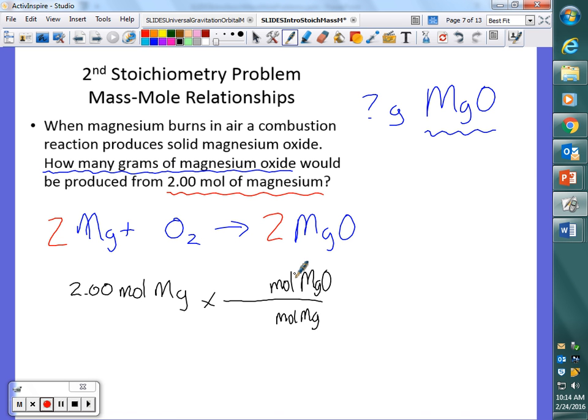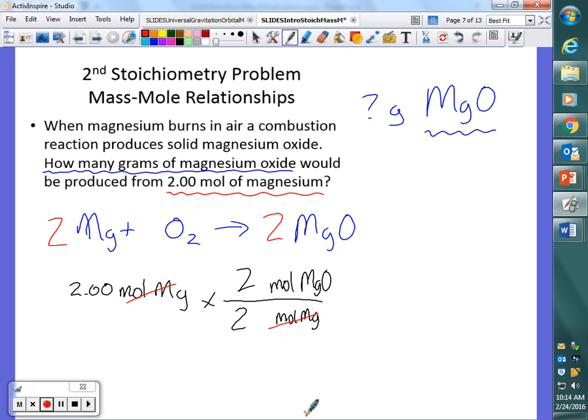Nope. Mole ratio. Moles of one thing to moles of something else. Where do we get the numbers from? The coefficients. So what number is going to go on the bottom of this conversion factor? 2. And then what number is going to go on the top? 2. And then when we do math, these will cancel, and we'll be left with moles of magnesium oxide.